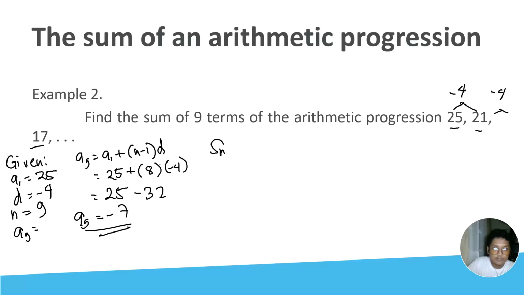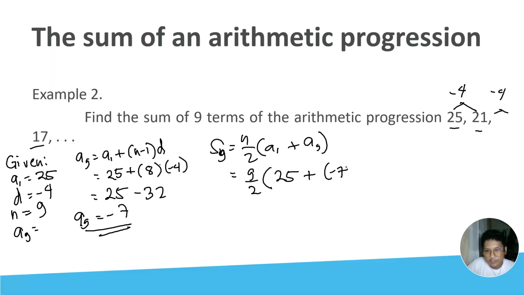Using the formula, the sum of 9 terms is equal to n over 2 times a1 plus an, or a9. So n is 9 over 2, 25 plus negative 7.